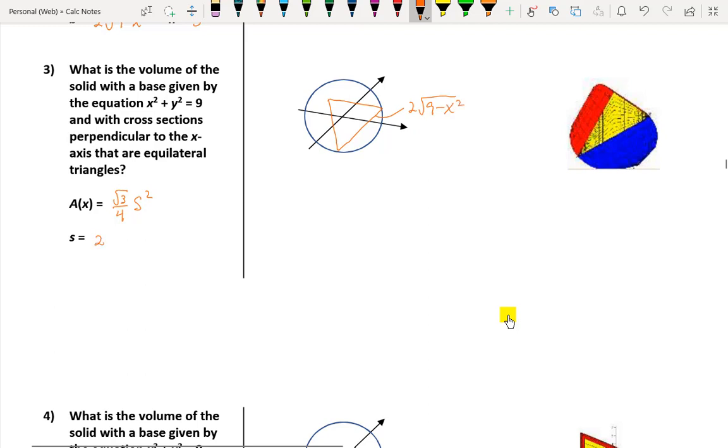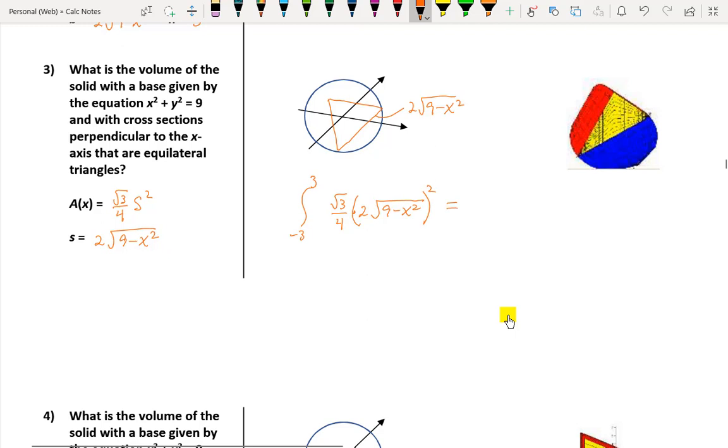So 2 times the square root of 9 minus x squared, and then I just need to pop that into my integral. So we're going to be taking the integral from negative 3 to 3 of root 3 over 4 times the side squared. So actually I should do some parentheses here since we're going to square. This is 2 square root of 9 minus x squared, and that section is being squared.